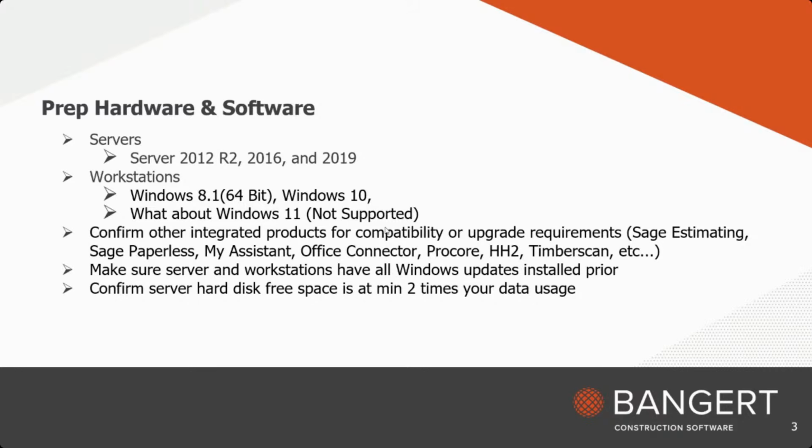You're also going to want to make sure that your Windows updates have been completed for your workstation as well as your server before you get started. It's going to save you a lot of time during the upgrade process. And then on the server, you're going to want to make sure you have enough storage space to hold the backup of your Sage accounting data. So you're going to want to make a backup immediately prior to running the actual upgrade process.